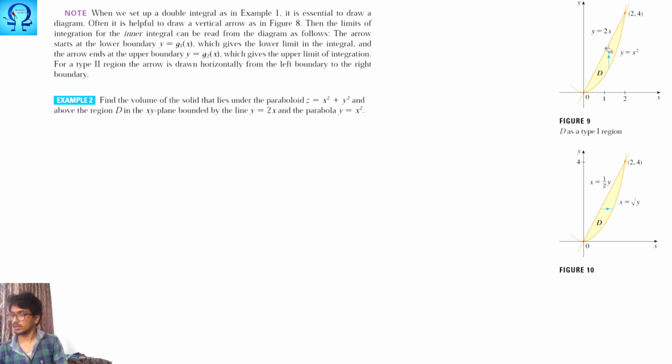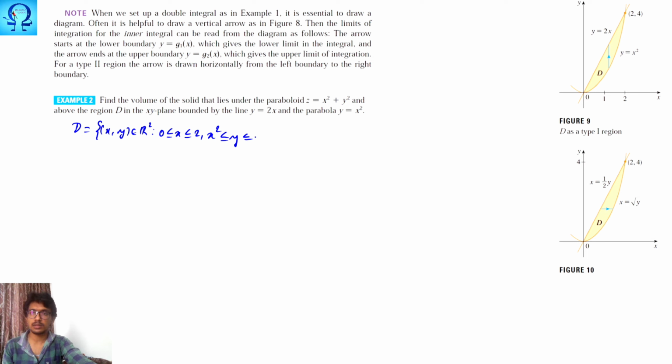As I said, let me do it by type 1. So for type 1, my region D is going to be the collection of points in R2 satisfying what? x varies from 0 to 2, 0 less than or equal to x less than or equal to 2, and y varies from what? x square to 2x. So x square less than or equal to y less than or equal to 2x.